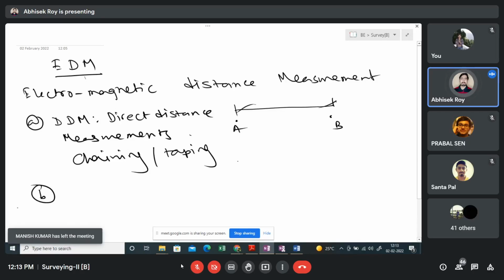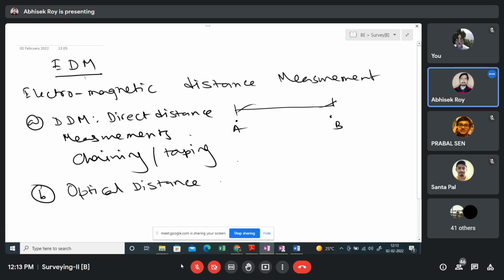The second method is called optical distance measurements, ODM, which is basically our tachymetric principle.